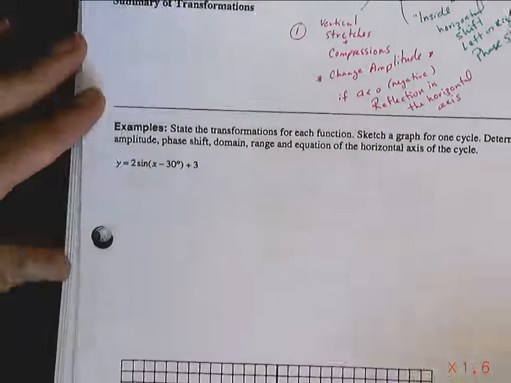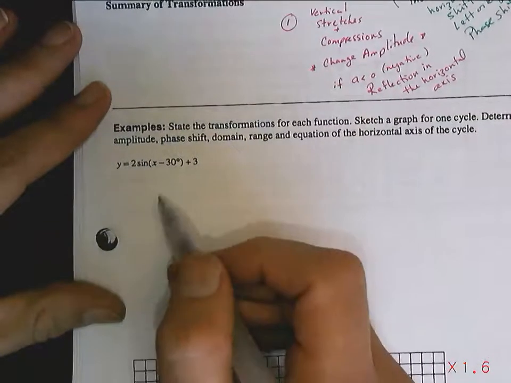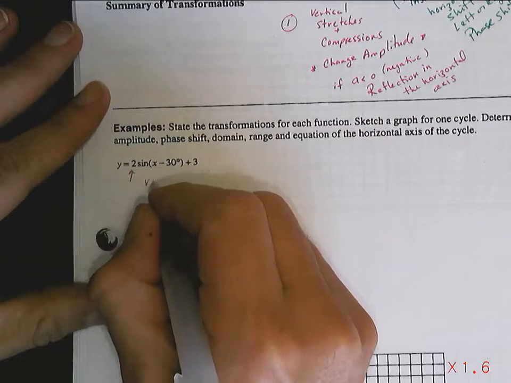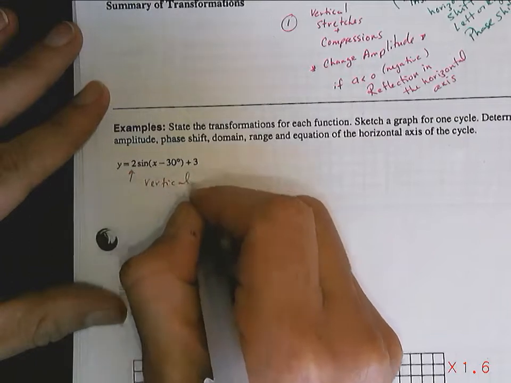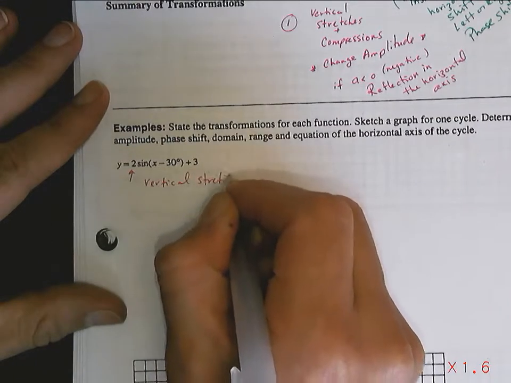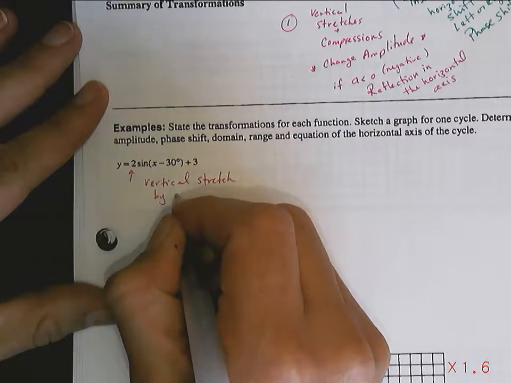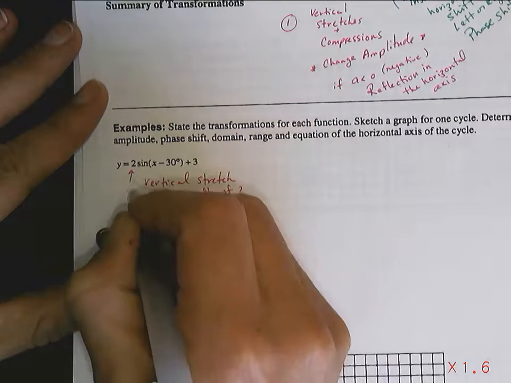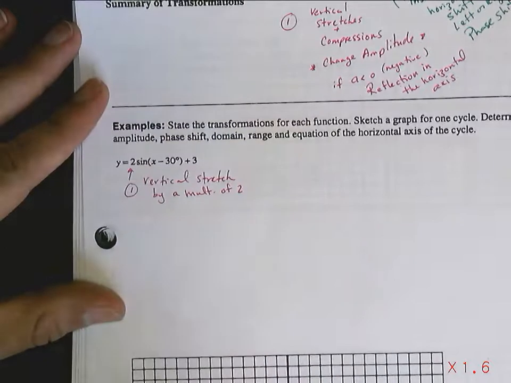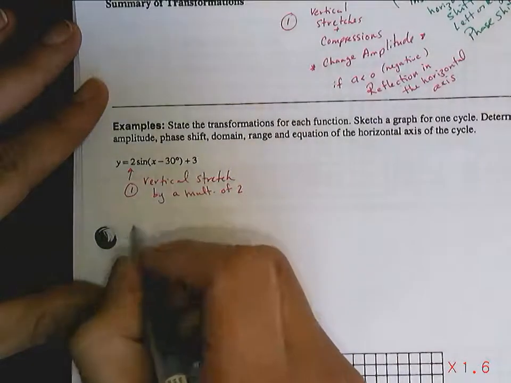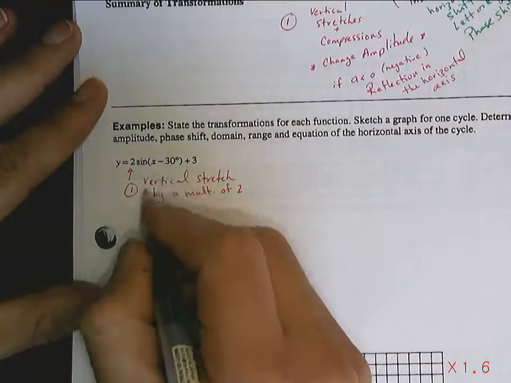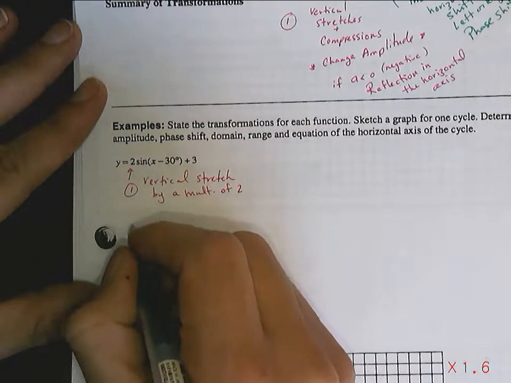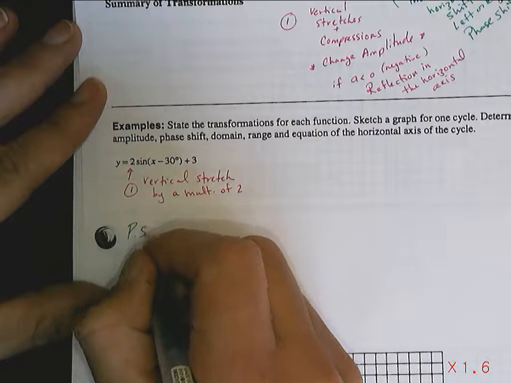Now, if I was to list out all the transformations that are going on here, you would see that we have a vertical stretch by a multiple of 2. That would be the first transformation that you see here. Now, there are others. There is a horizontal shift to the right, or if we really want to be special, we could call it a phase shift.